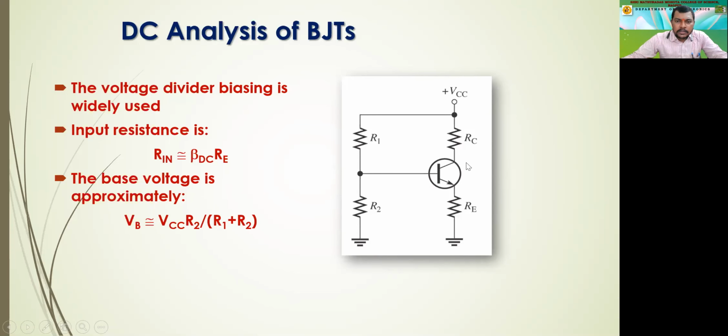This voltage is given by this formula. So VB is approximately equal to VCC into R2 by R1 plus R2. This is the formula for the potential divider network. So the output voltage across this resistance we are taking, R2 by R1 plus R2, and the total voltage is VCC. Right. So this is the DC analysis of the BJT.